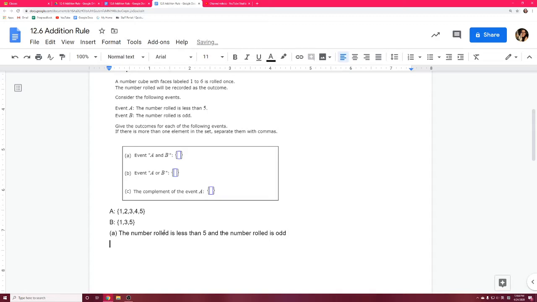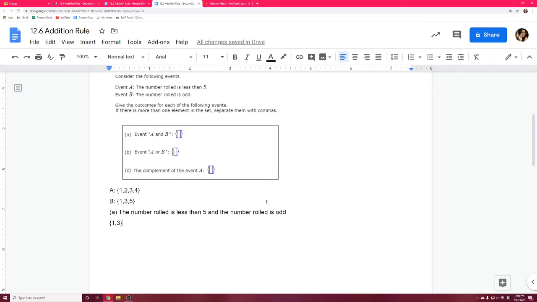If you think about this event, it has to be less than 5, so it has to be 1, 2, 3, 4. Okay, over here, less than 5, they don't have 5. And in this 1, 2, 3, 4, it also has to be odd. So this one will be 1 and 3.